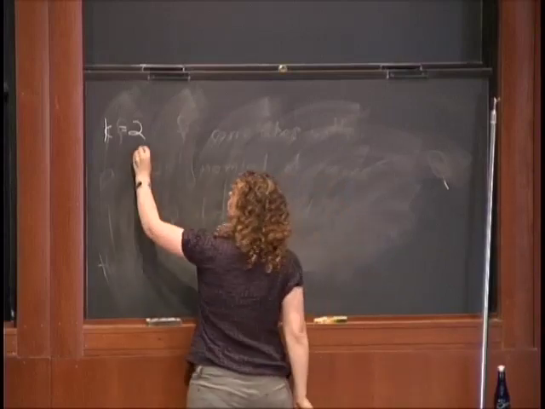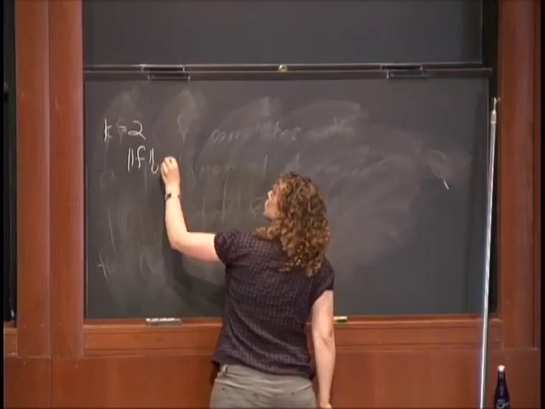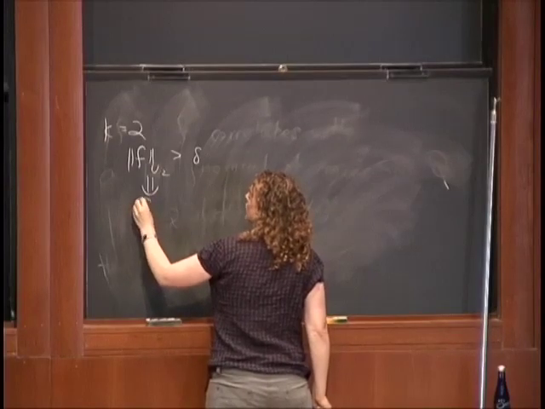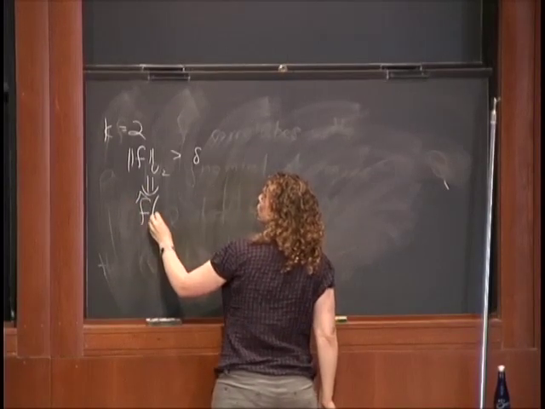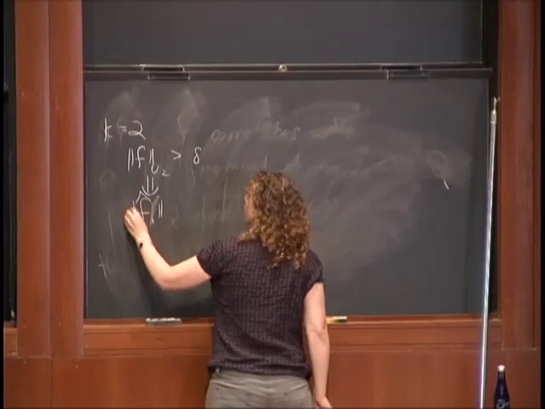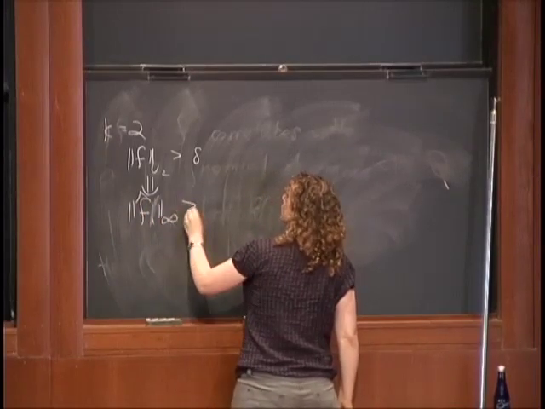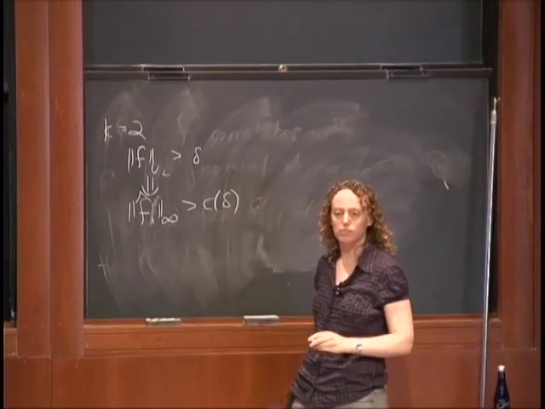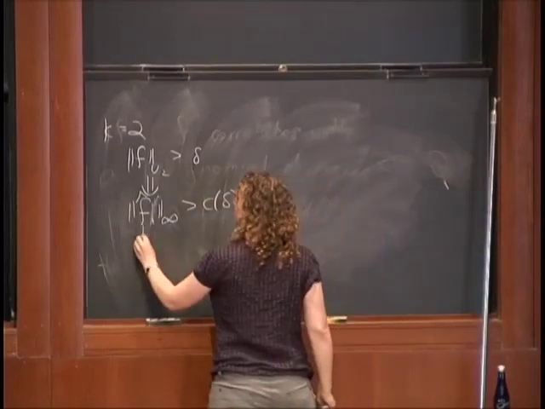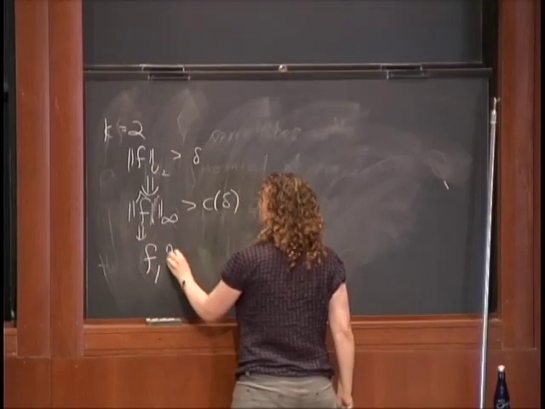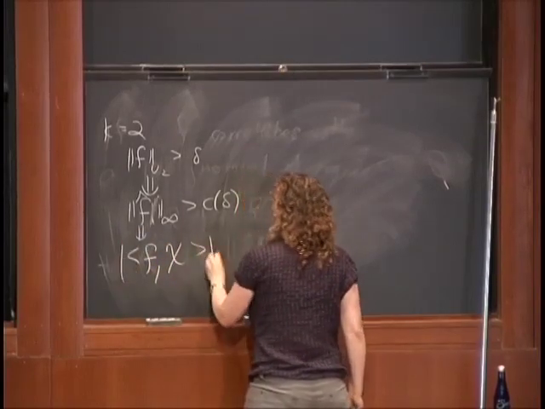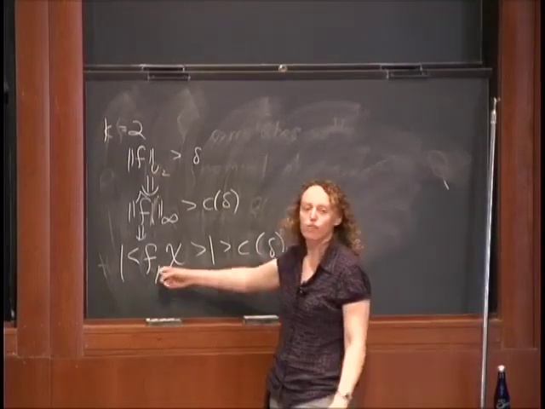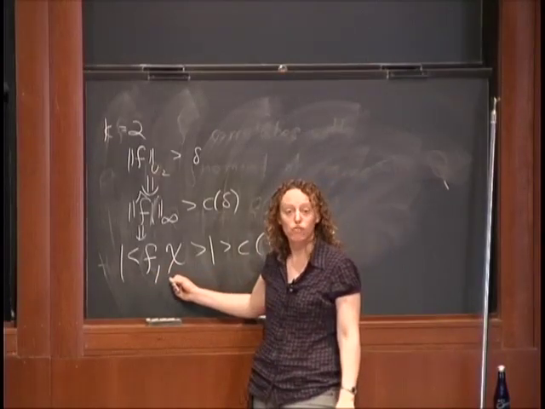If k equals 2 and the U2 norm of f is greater than delta, that implies that the L infinity norm of f hat is greater than some constant depending on delta, so maybe delta squared or root delta. This is the same as saying that f correlates with a character. Okay, there is some character that f correlates with, so f correlates with a linear function.